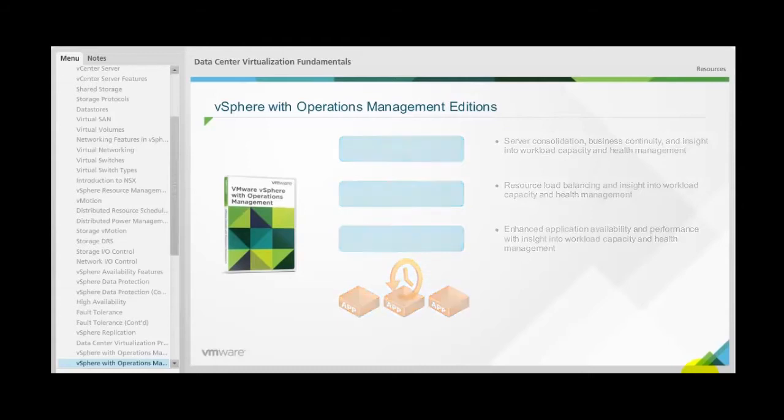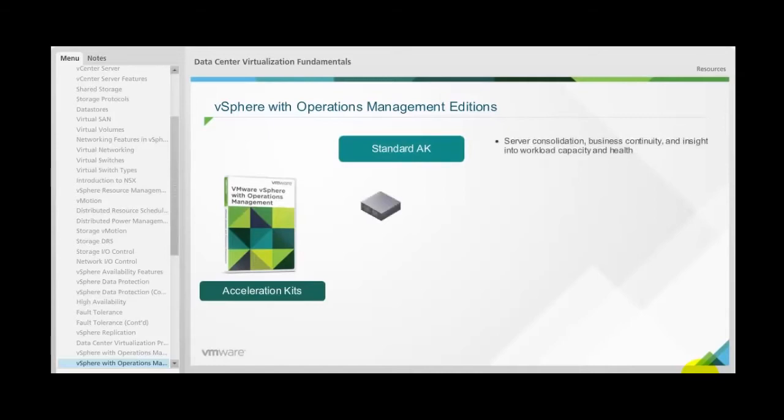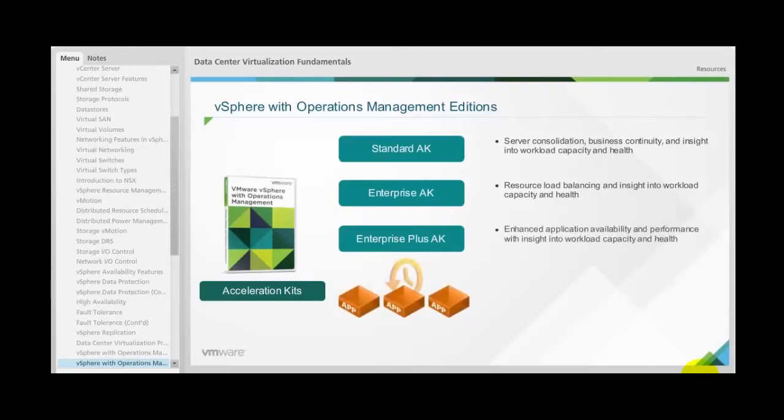There is another product called vSphere with Operations Management Acceleration Kits, which comes in the following versions: vSphere with Operations Management Standard AK, Server Consolidation, Business Continuity, and Insight into Workload Capacity and Health; vSphere with Operations Management Enterprise AK, Resource Load Balancing and Insight into Workload Capacity and Health; vSphere with Operations Management Enterprise Plus AK, Enhanced Application Availability and Performance with Insight into Workload Capacity and Health.